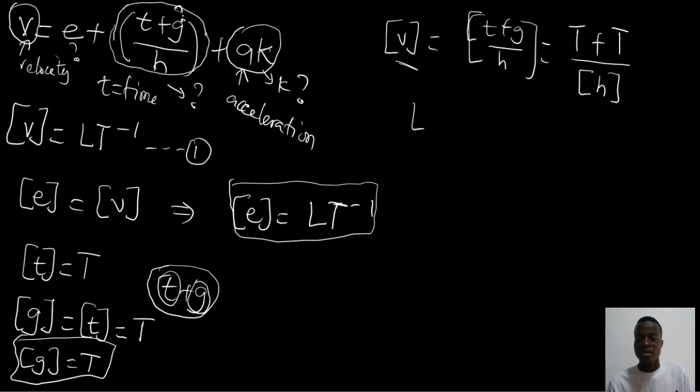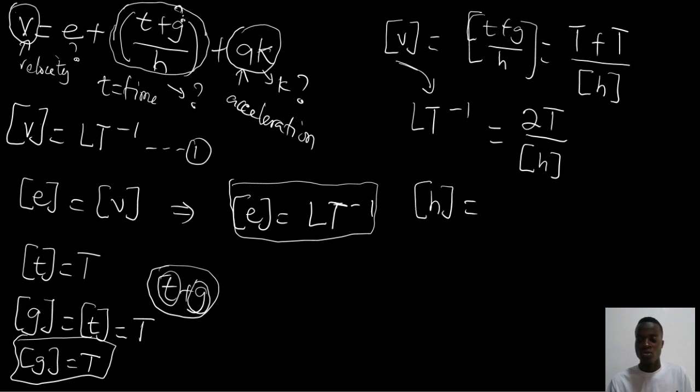So this one becomes LT to the power negative 1, because our V will be equal to, the top becomes 2T over the dimension of H. If you do that, we are going to make H the subject. So dimension of H will be equal to 2T all over LT to the power negative 1.